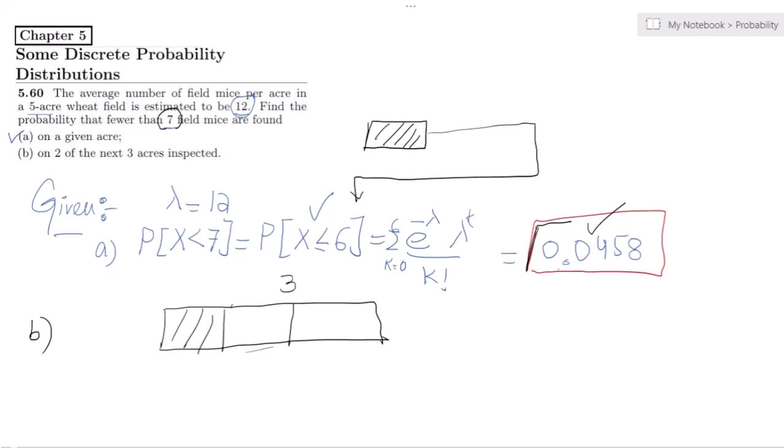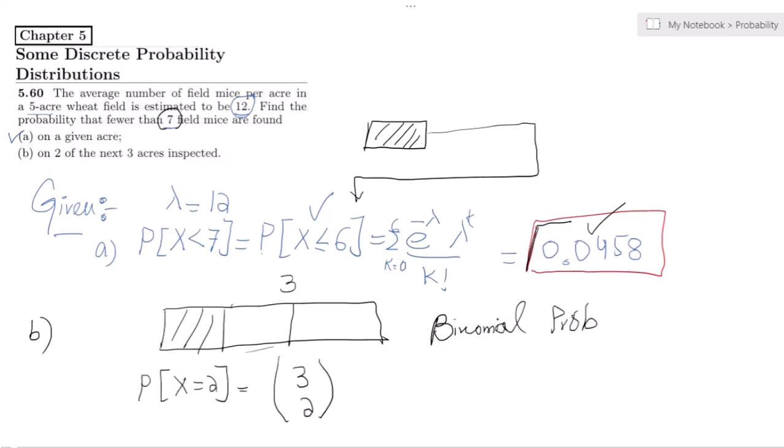In each, the probability of getting this condition is 0.0458, squared because 2 should have this probability, and the remaining one is 1 minus 0.0458, since 3 minus 2 is 1.